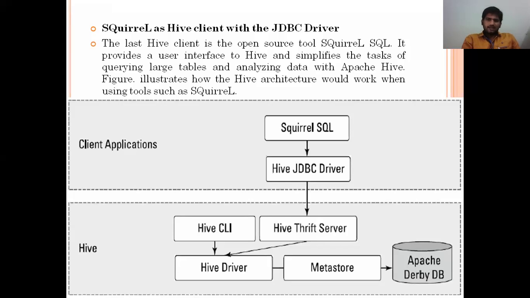So this is a client application, and by using this, again we can see the result in the browser. We may use the previous one and we may use this, but with Queryl SQL we are going to use the JDBC drivers only.